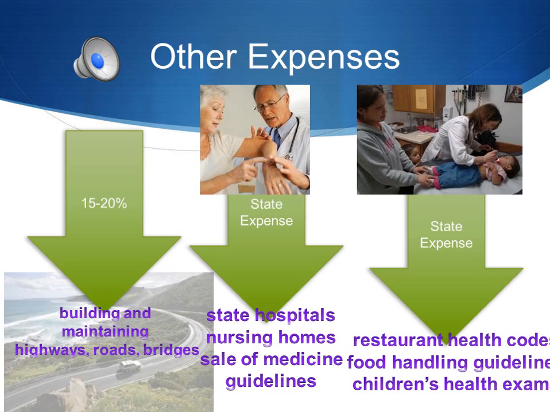States also have an expenditure on the National Guard, which is necessary in case of emergencies like tornadoes, windstorms, threats of our safety. And then there's also the regulatory agencies that we once talked about.